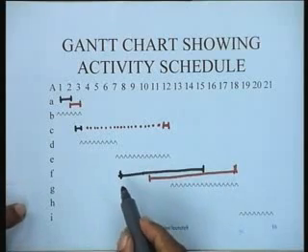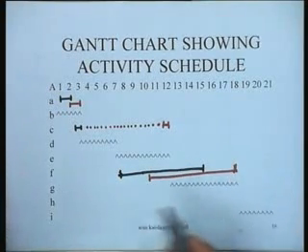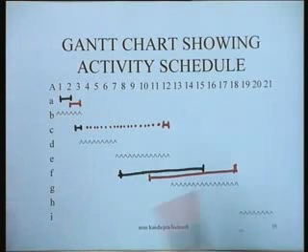So this particular activity can be slid from here to here, and it would not really affect the total project duration if this was done in this particular manner.